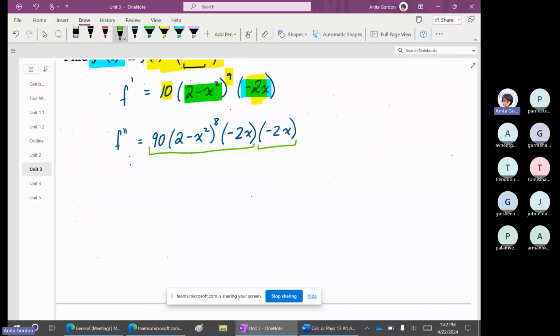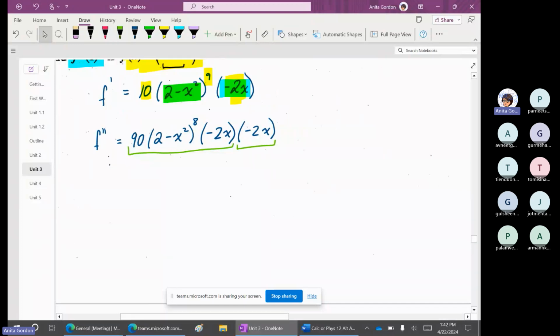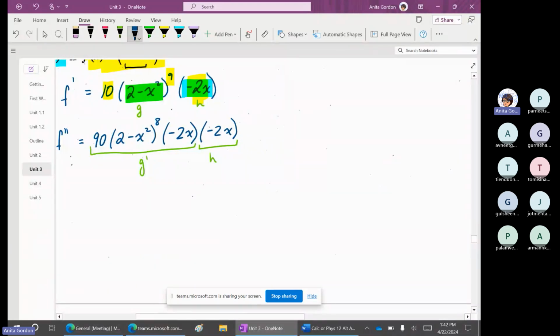This is the second item unchanged, right? So we can call this G prime H if this was G and this was H. Plus product rule, we now need H prime G. What's H prime? Just minus 2. And G unchanged is just 10, 2 minus x squared to the power 9.